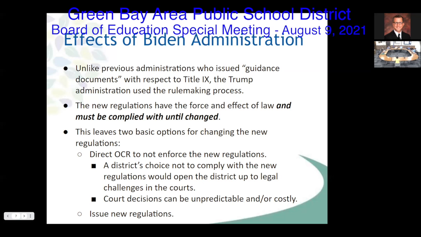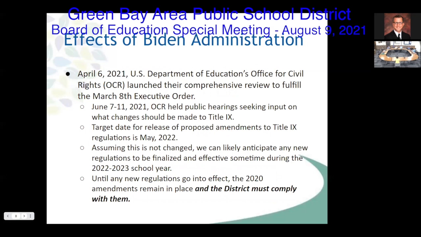So evidence that the Biden administration will be heading down the path of issuing a new rule came on April 6th, 2021, when OCR launched a comprehensive review to fulfill his March 8th executive order. In support of this review, they scheduled public hearings seeking input from stakeholders on what changes should be made to Title IX. The public hearings were held June 7th through June 11th.